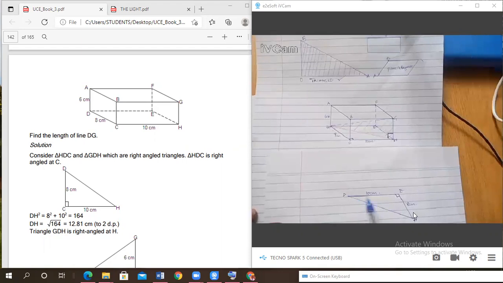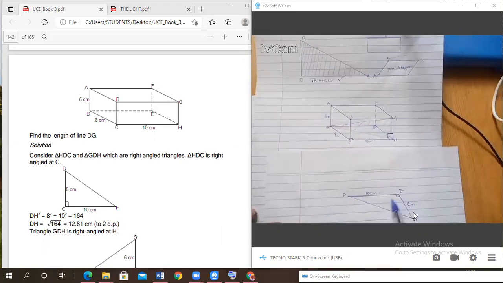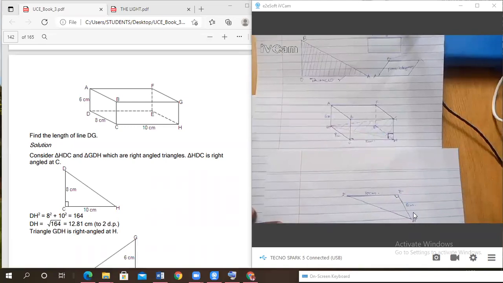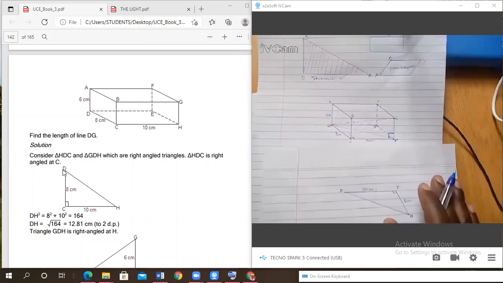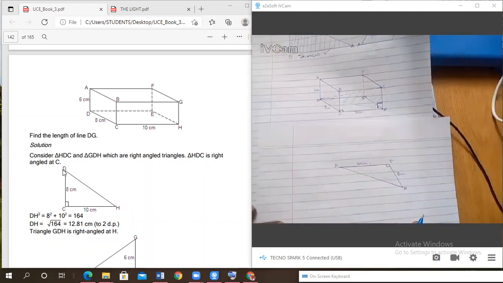So DH squared equals DE squared plus EH squared.